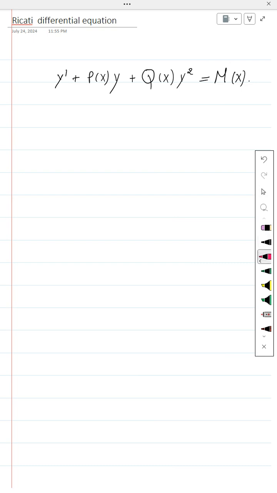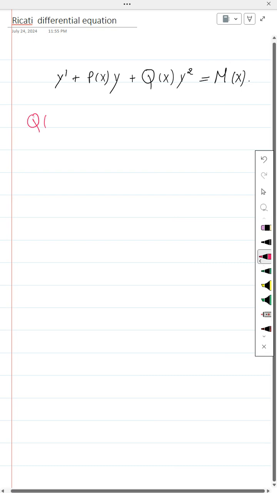So let's see particular cases. If q(x) is going to be equal to 0, which implies, let's call it equation 1, that we don't have y to the power of 2, so it's going to be a linear differential equation.